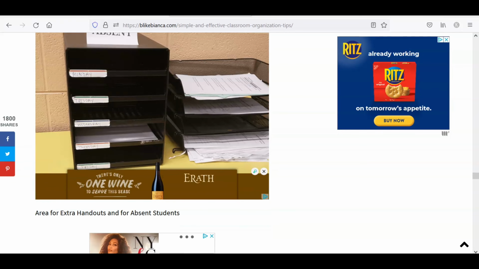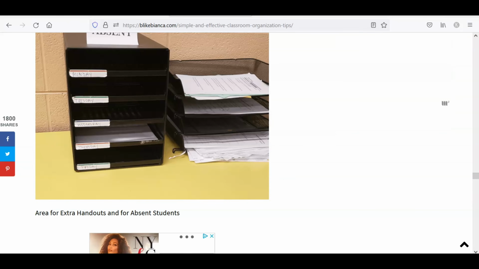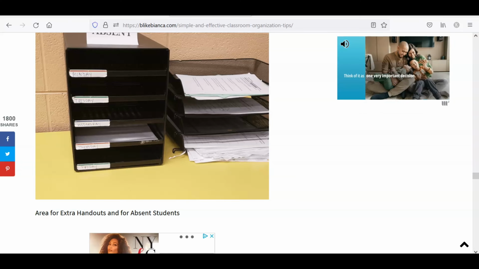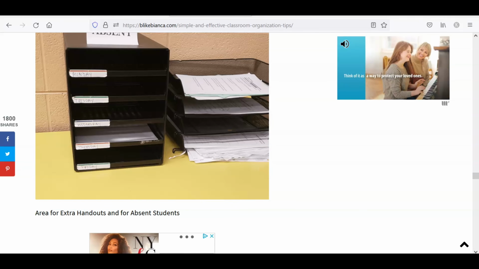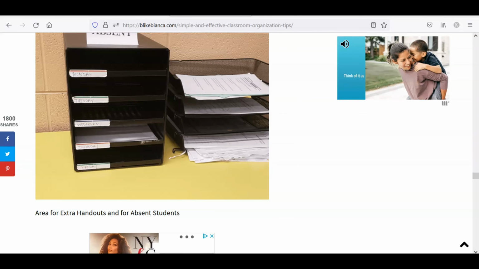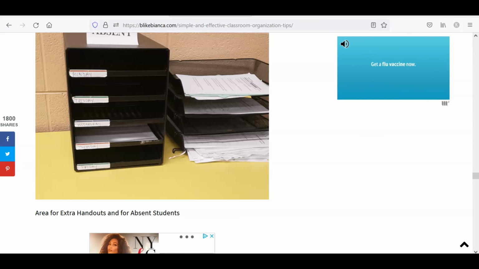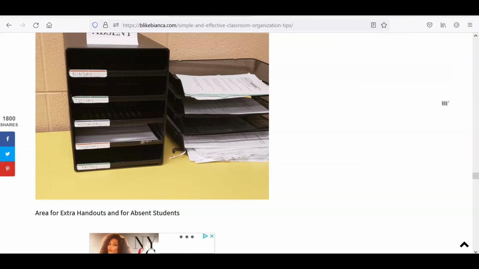This is my absent trays. What I do is I put students' names on the paper, the assignment, and I put it on the day that they're absent. So if they're absent Thursday, for example, I'll put their name on it and stick it into the Thursday tray. Then when they come back in, they can grab it out of the absent tray or find the assignment with their name on it.